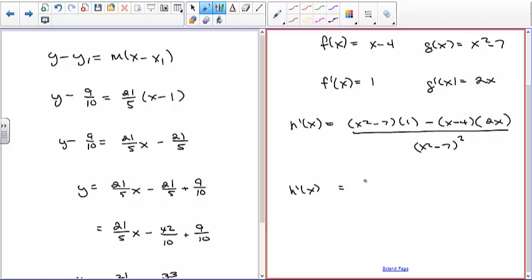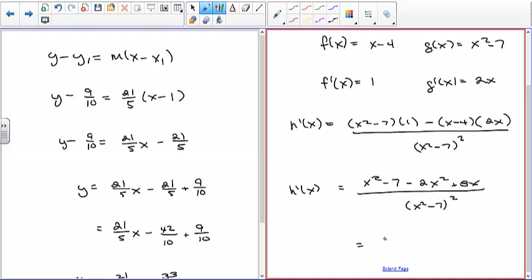So x squared minus 7 times 1 is x squared minus 7. Then we'll get negative x times 2x, so that's negative 2x squared. Negative times negative is positive, so we get plus 8x, divided by x squared minus 7 squared.